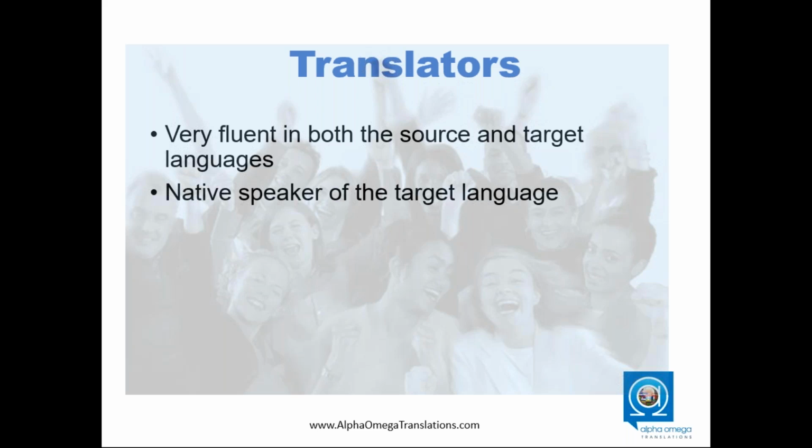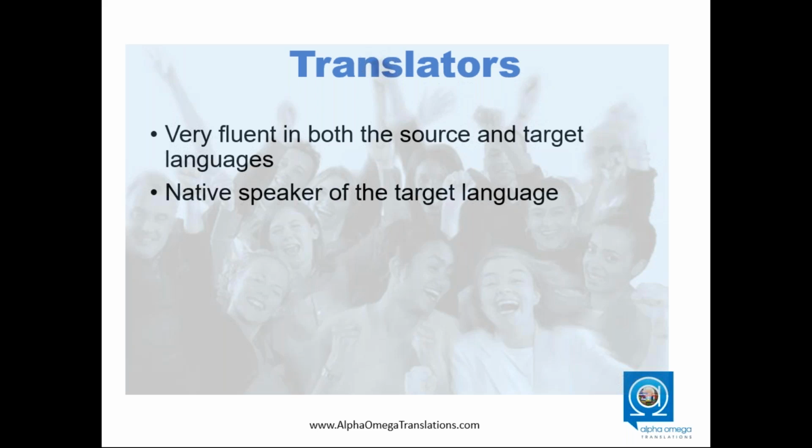Native speakers average 30 to 40,000 words in their native language. Fluent second language speakers average about 20,000 words in their second language. So translators typically have close to average native fluency in their second language, particularly in their specialty.